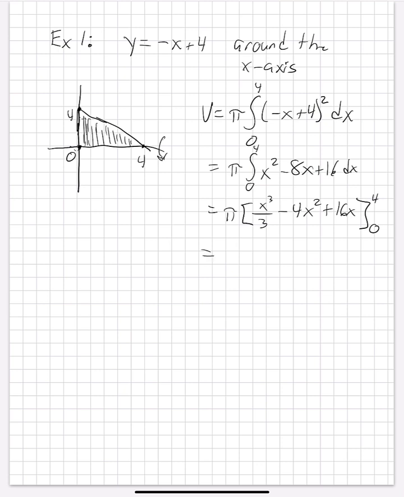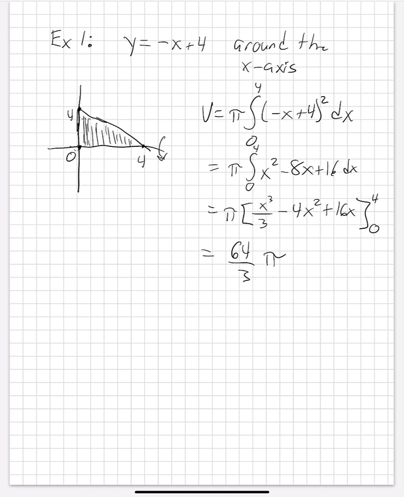Of course, my lower limit's 0. And so my final answer is 64 over 3 pi. So the volume generated by that function, if it were rotated, is 64 over 3 pi. Okay, so this is using the disk method.